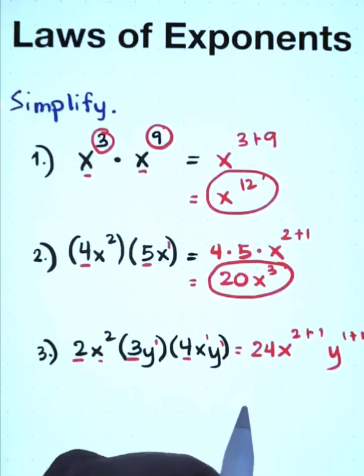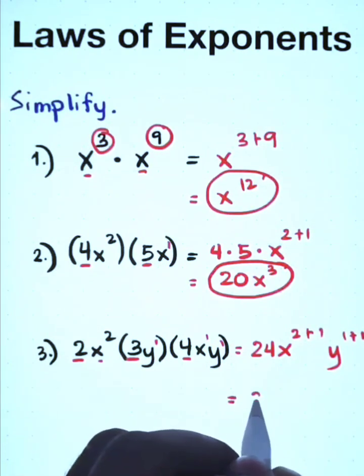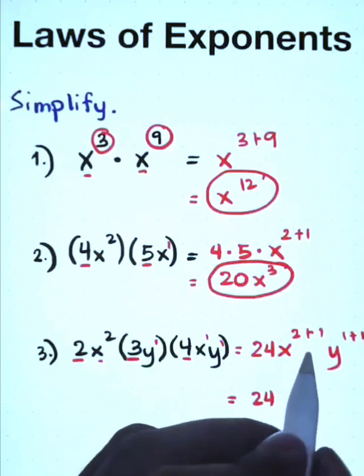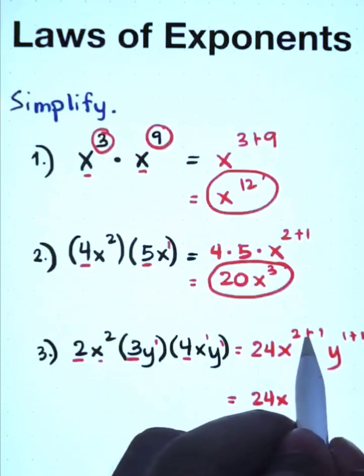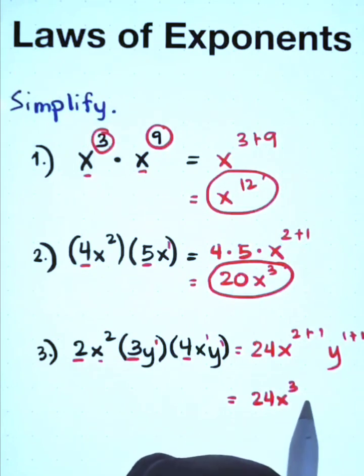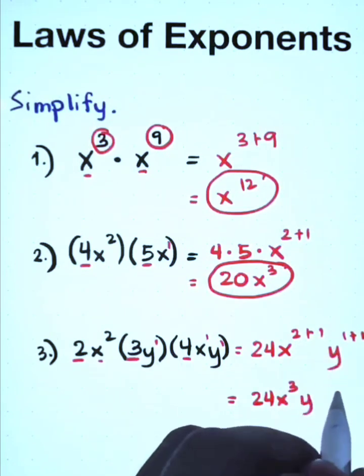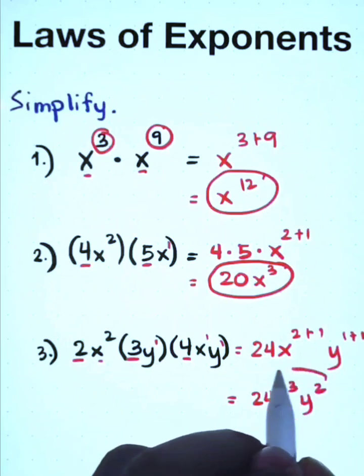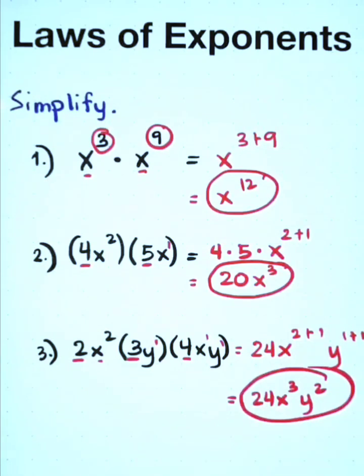And we need to simplify this, so this will become 24, x raised to 2 plus 1, which is 3, then y, which is 1 plus 1, which is equal to 2. Meaning, the product of these 3 expressions is simply equal to 24, x raised to 3, y raised to 2.